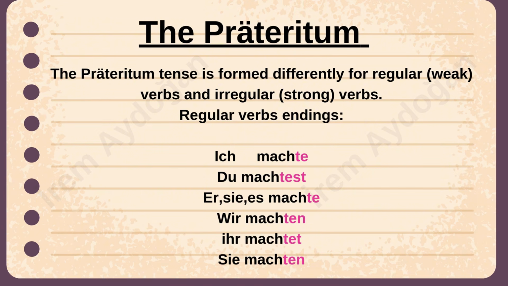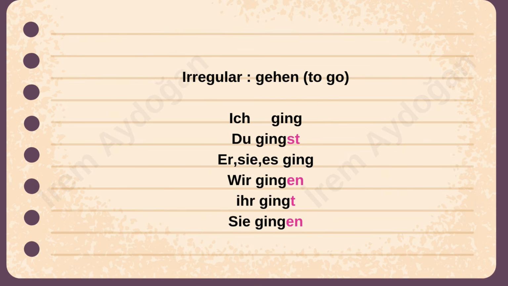We use te for ich, test for du, te for er/sie/es, ten for wir, tet for ihr, ten for sie. These are the regular verb endings.